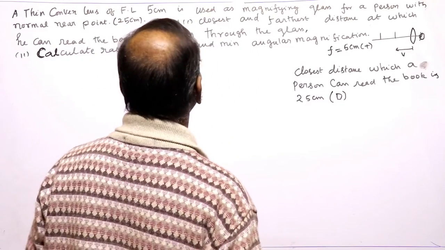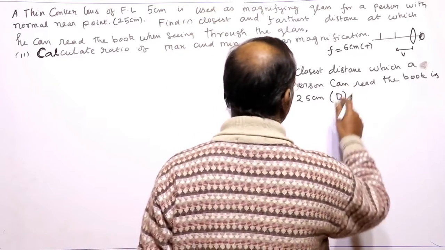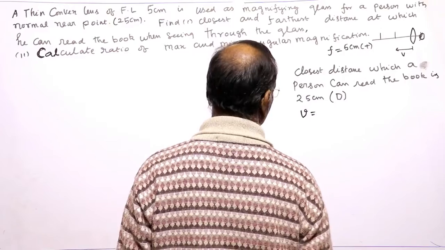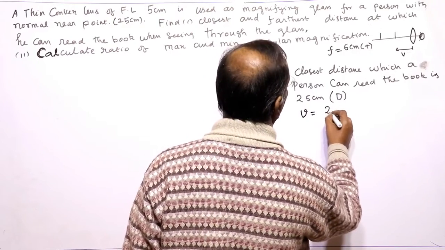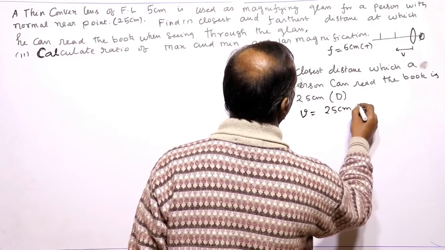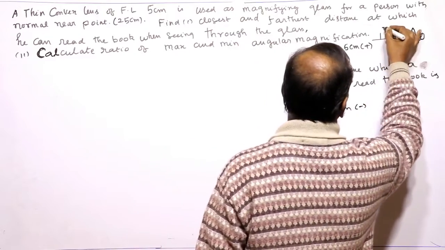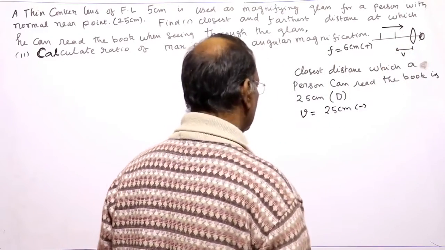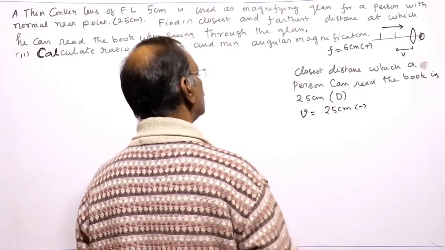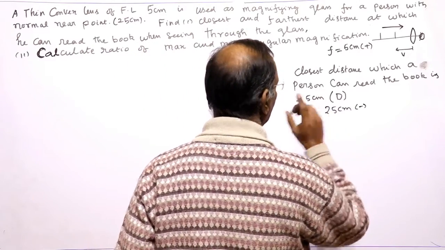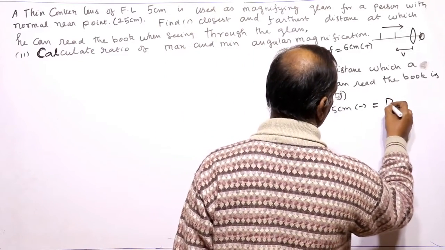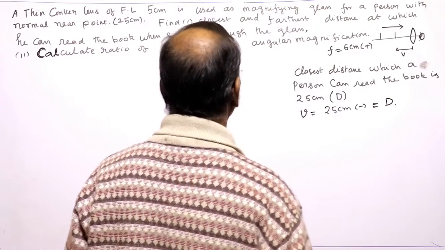So for closest distance, the image is formed at the distance of distinct vision, that is 25 centimeter. It is negative because of the ray direction. So he is to read the image at 25 centimeter, which is also the distance of distinct vision for the person.